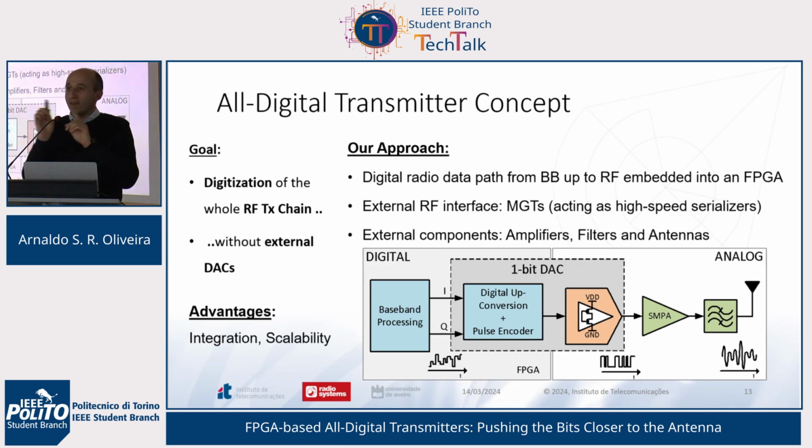The order affects if we perform first the pulse modulation and then the up conversion, or vice versa. It affects the challenges and also the flexibility of the circuit, but I will talk about that later. Then we have the transceiver, that is basically a high-speed serializer, and then we have the remaining components.